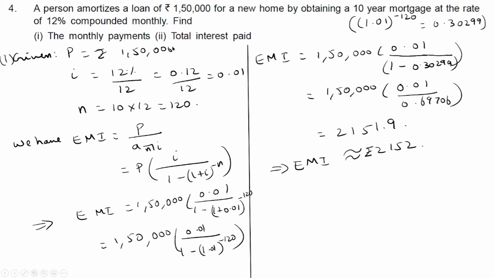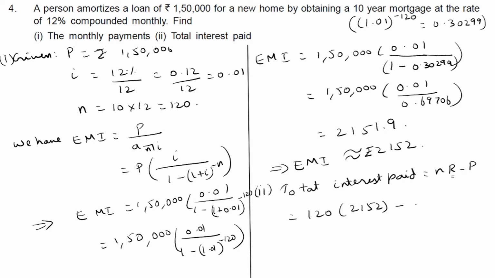Then the second subdivision is total interest paid. Total interest paid is equal to N into R minus P. R is nothing but the EMI. So it is equal to 120 into 2152 minus 1,50,000.